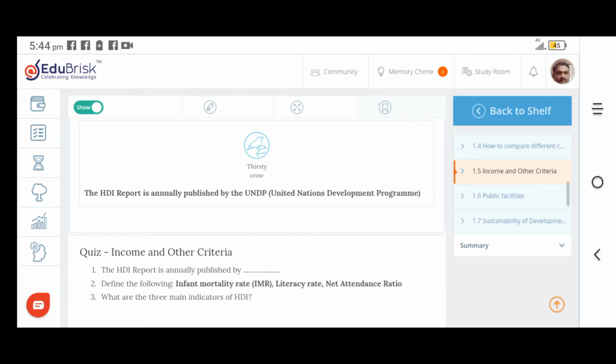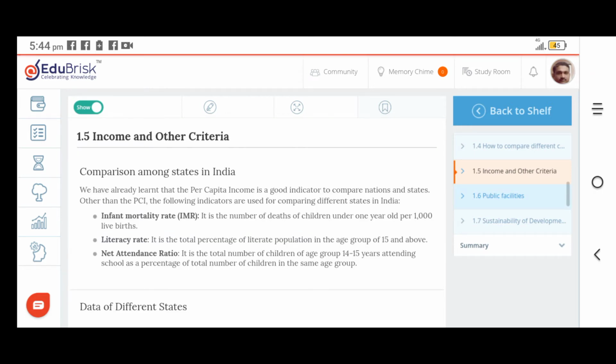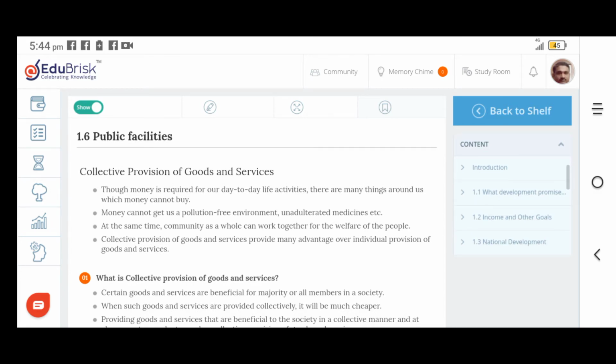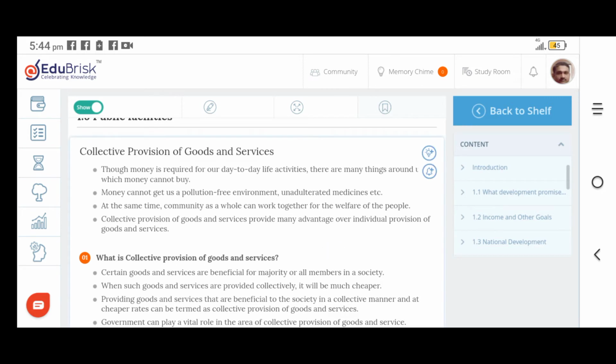Next we want to study public facilities: collective provision of goods and services. Though money is required for our day-to-day life activities, there are many things which money cannot buy. Money cannot get us a pollution-free environment.